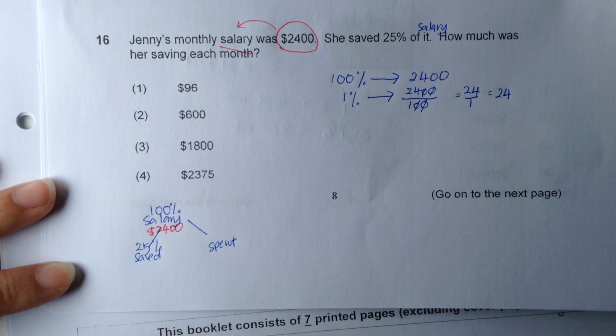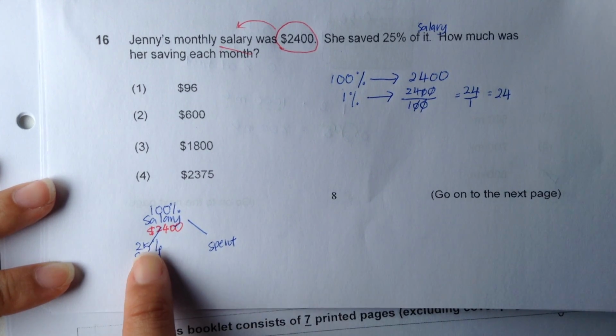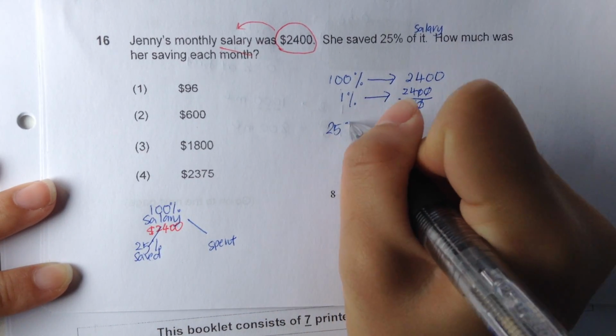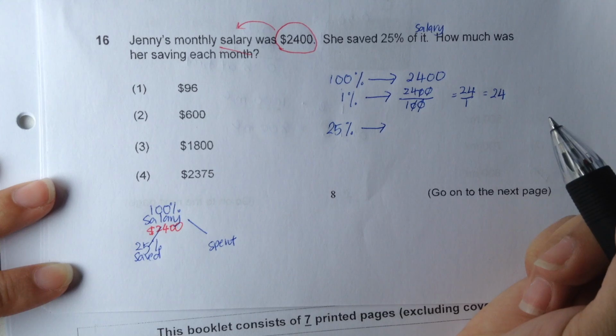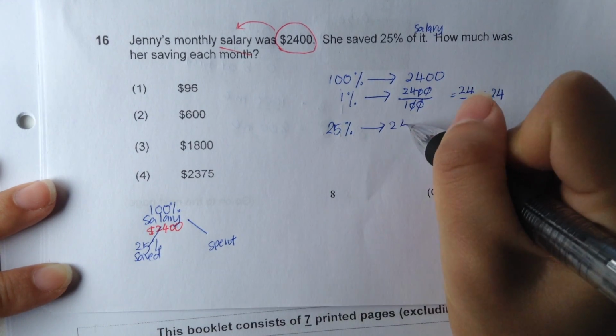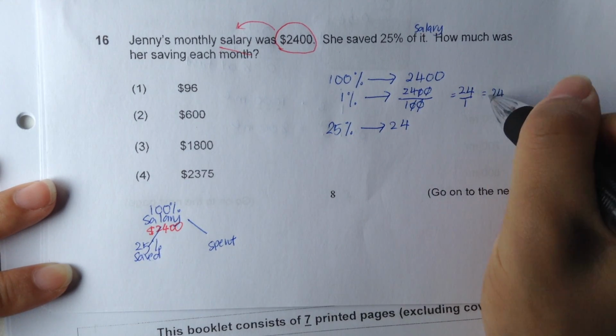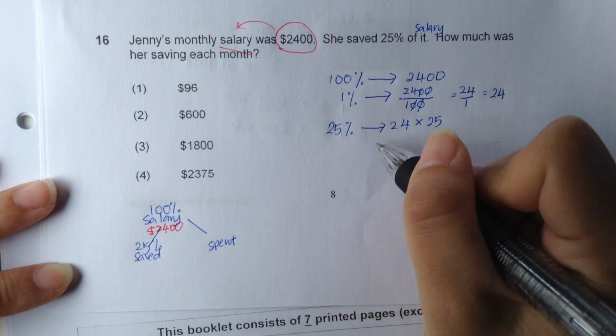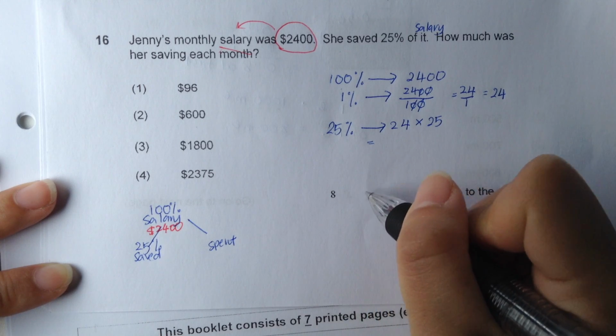Next, how much was her saving each month? Saving 25%. So I want to find 25%. So I use 24, what I've gotten for 1%, and I multiply by 25. Working.